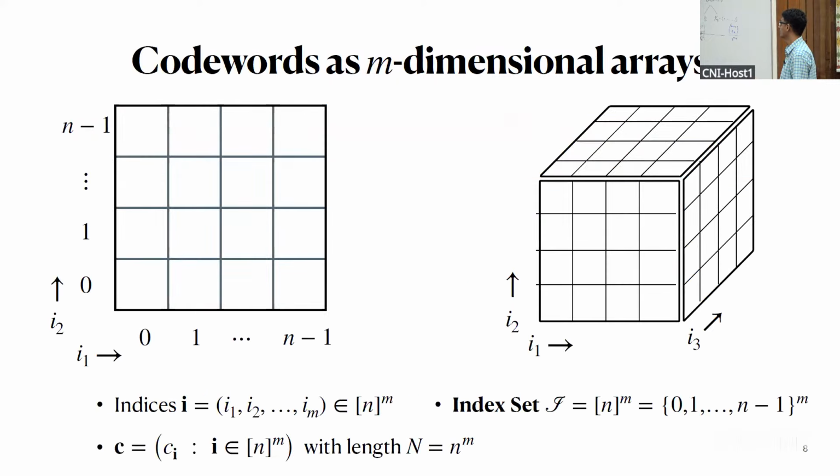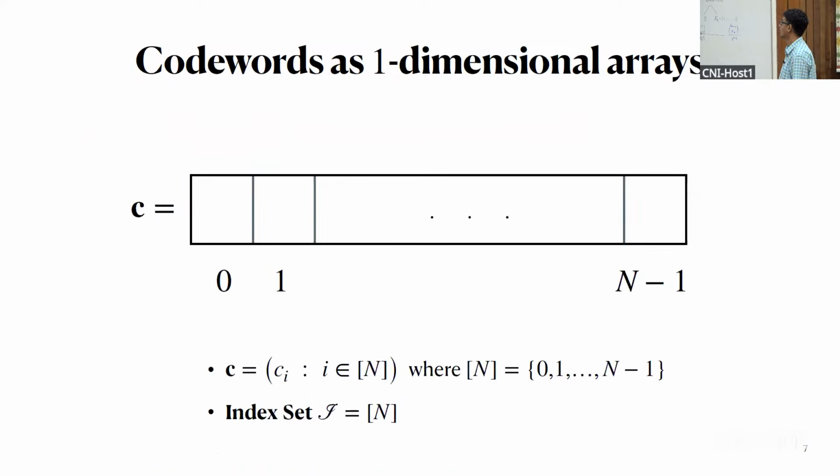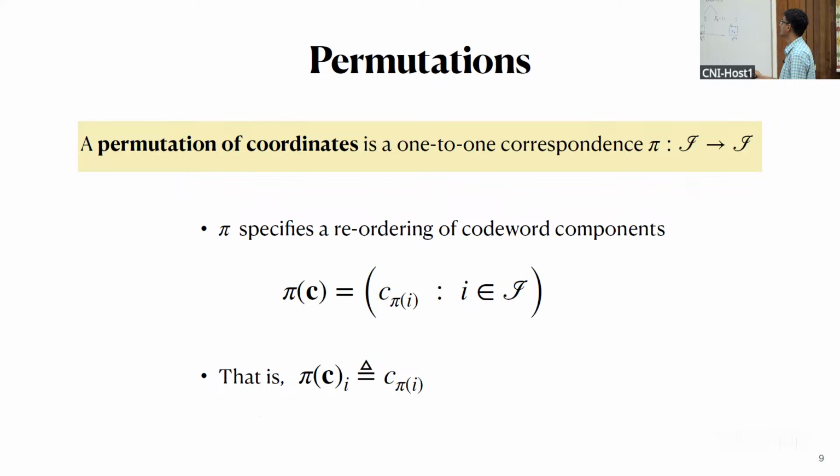In this case, the index set is box n to the power of m, or here it is simply box capital N. Right? So you take any permutation that you like, it doesn't matter at this stage in the talk. You simply take any permutation you like, and then you simply apply it on this code word. How do I apply it? I want to define the permuted version of my code word as the permutation applied to the indices. So the ith bit of this permuted code word is the pi(i)-th bit of the original code word.